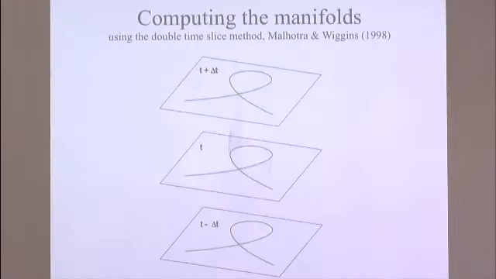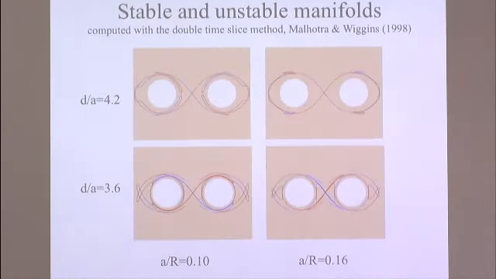In this case, I computed the manifolds using a different technique. This is just to show you the manifolds, the unstable manifold in red and the stable manifold in blue, and we see these transverse crossings indicating that there is chaotic motion of particles in the center of the vortex in this area.